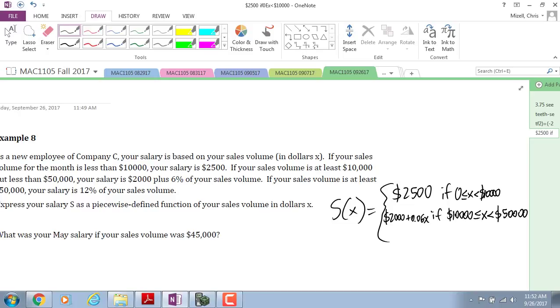If your sales volume is at least $50,000, if x is greater than or equal to $50,000, your salary is 12% of your sales volume. 12%, so 0.12x.